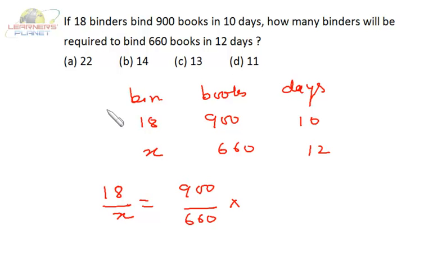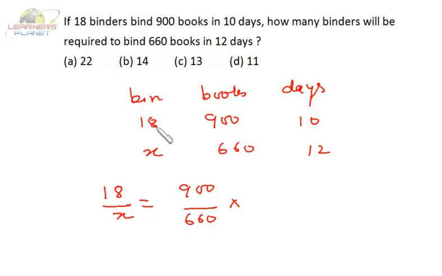Into, now we have to see the relationship of binders and days. Friends, if more binders are there to bind the books, then less number of days will be required, isn't it? If more workers are there, the work will be finished in less number of days. That means binders and days have an inverse relationship.